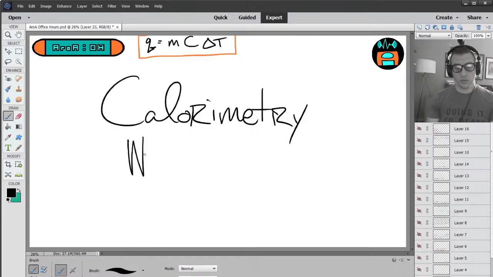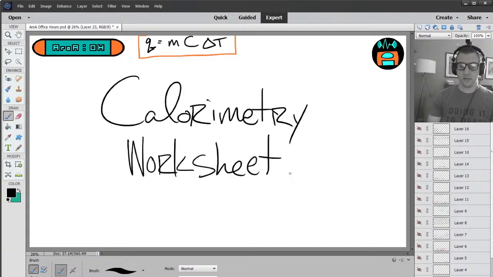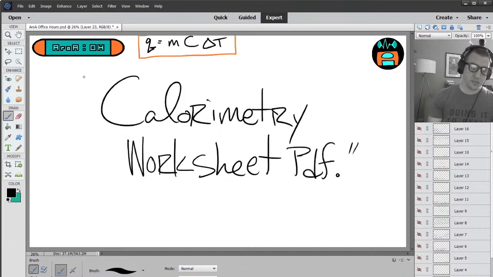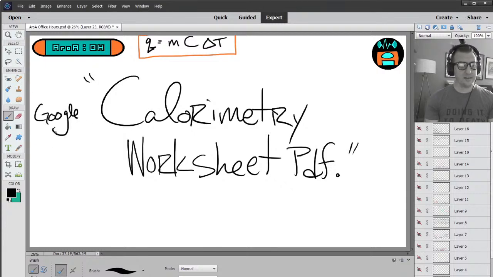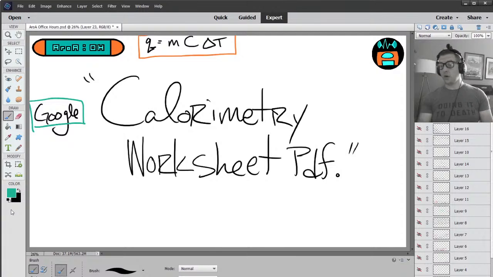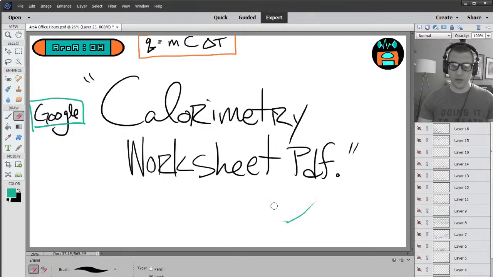So if you Google calorimetry worksheets PDF, they're very common in chemistry classes. The internet is full of practice worksheets, and I can personally guarantee, because I've done them each and every one myself, that they're all excellent. So if you need more practice on this, hit up Google Calorimetry Worksheet PDF. You're going to get a ton of options to get good at this type of problem, which will definitely show up on exam 3 and the final as well.